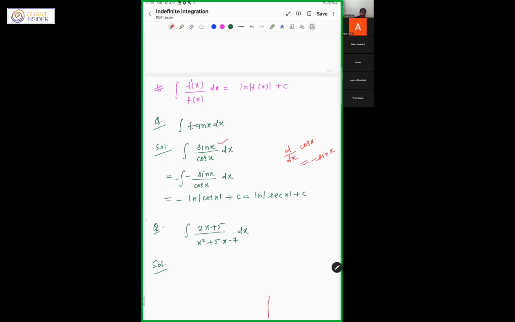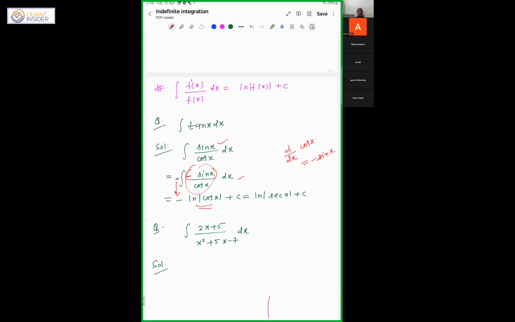So if you multiply by minus sign inside and outside, then this minus sin x is there. So its integration is what? This outside minus sign as it is, and this function minus sin x upon cos x becomes ln mod cos x. So integration of this becomes log of the denominator function plus c.